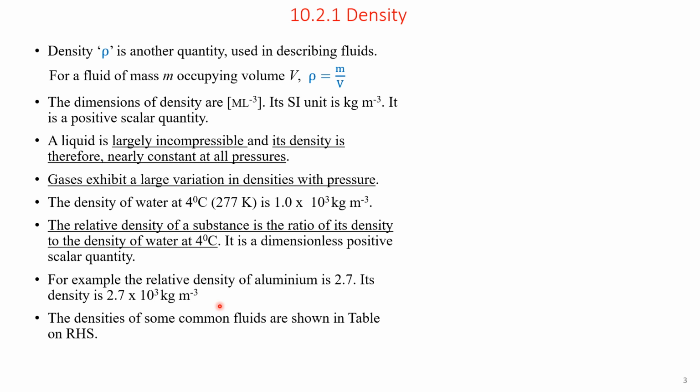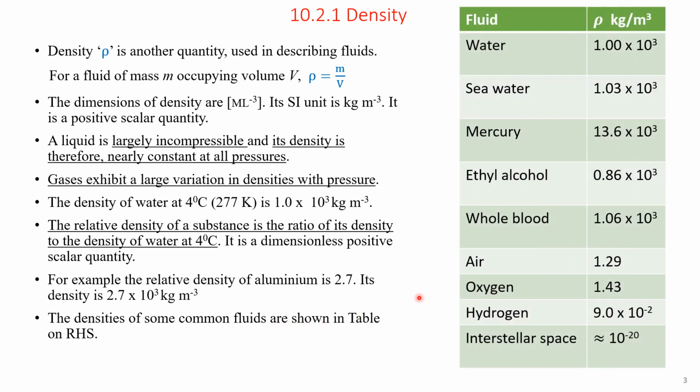Now, having defined density and relative density, we will compare the densities of some common fluids, which are shown in the table on your right hand side on the screen. Fluids like water, seawater, mercury, ethyl alcohol, whole blood, air, oxygen, hydrogen, and interstellar space are given in the first column.